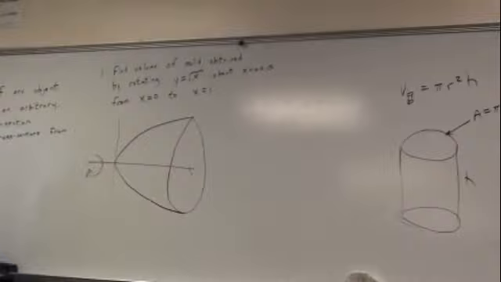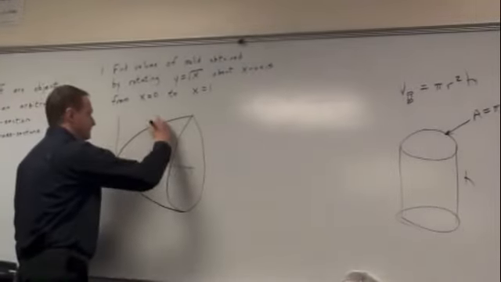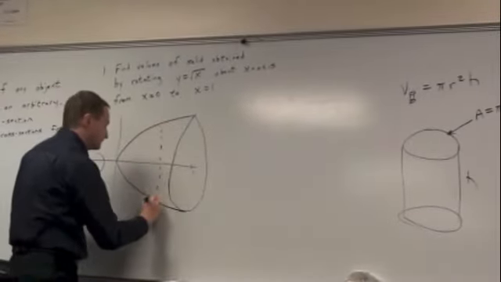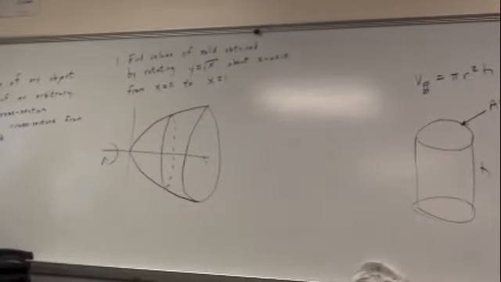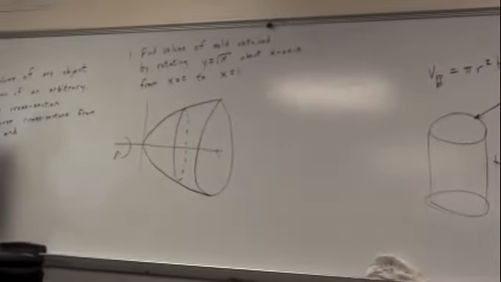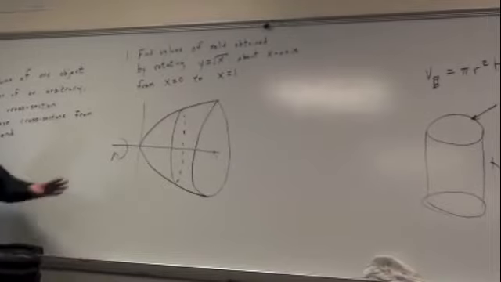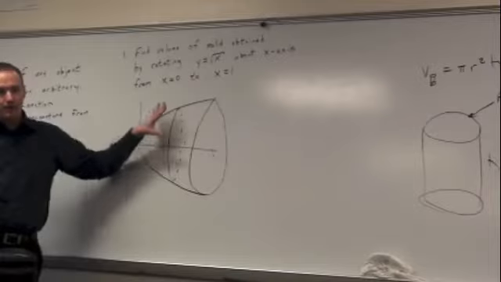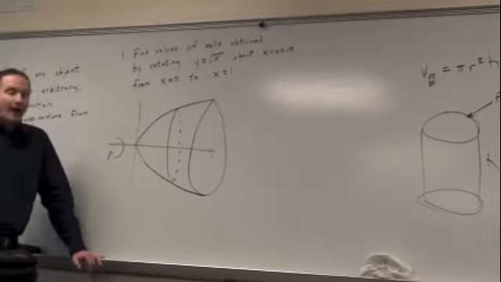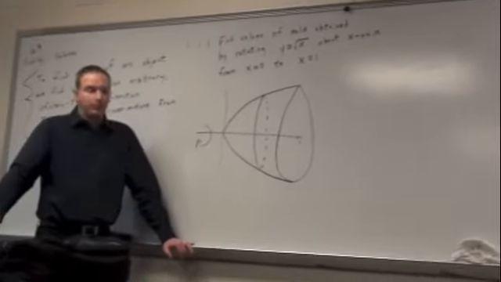So my region is just going to be a bowl turned on its side, but now it's a solid. Everything inside of it is part of it. So how do I account for this volume formula?